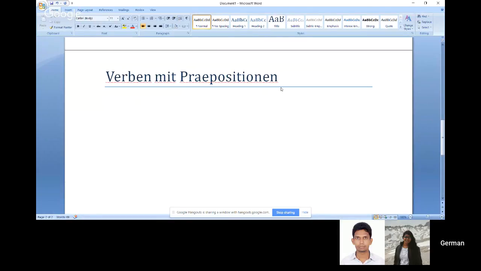What are the accusative prepositions that we know, and how many prepositions do we know? Accusative: durch, für, richtig, entlang, um, ohne, gegen. Yeah, and dative prepositions. How many dative prepositions do we have?